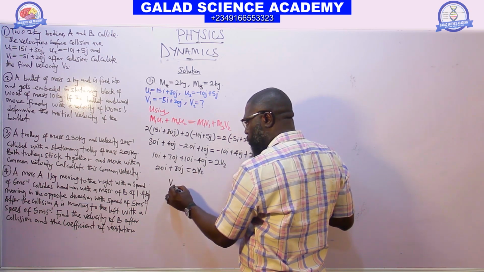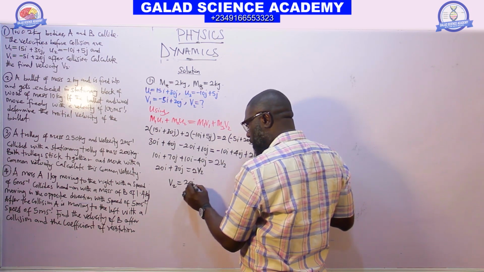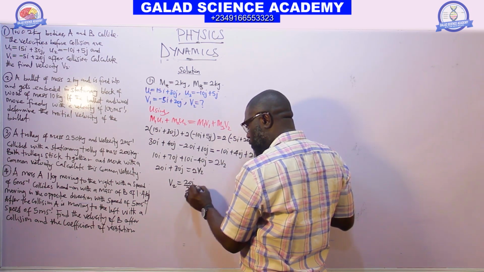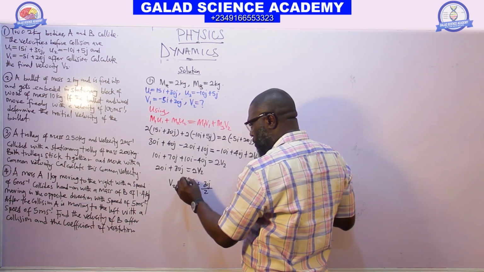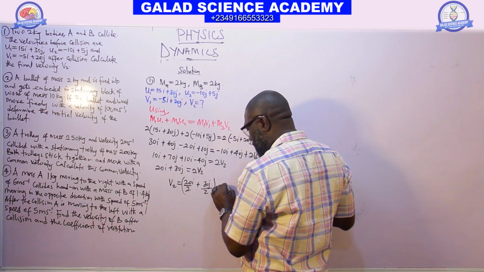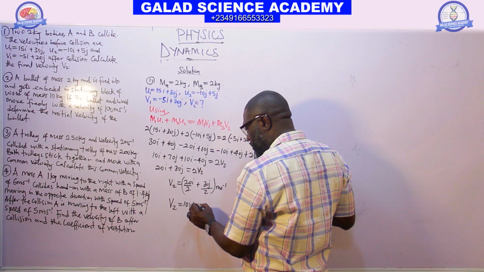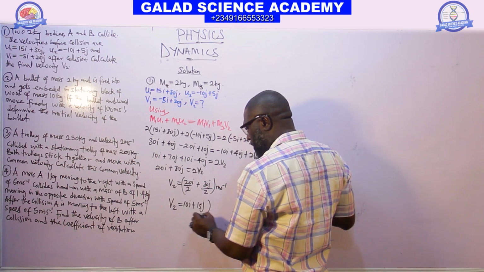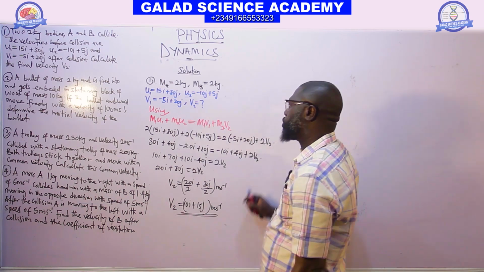So we now have v2 as 20i over 2 plus 30j over 2. V2 will be 10i plus 15j, everything in meters per second. Good.